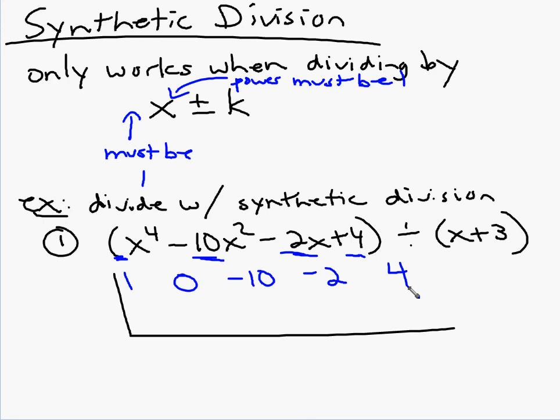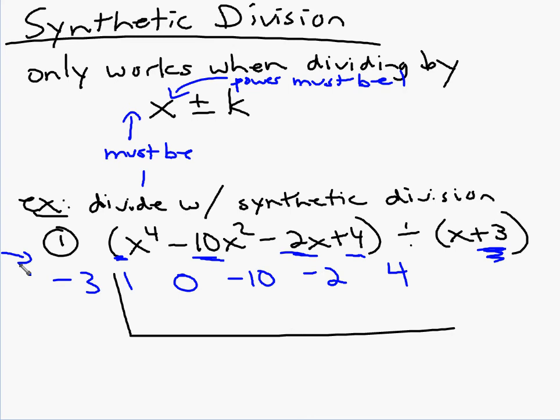All right? Now, if I am dividing by a plus 3, then I need to put a negative 3 here. Basically, you just change the sign. If it would have been a minus 3, then I would put a plus 3 here. All right?